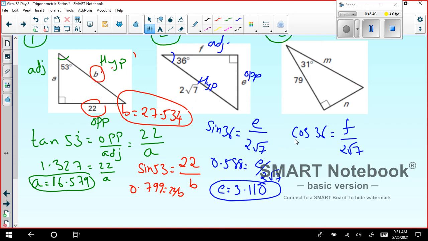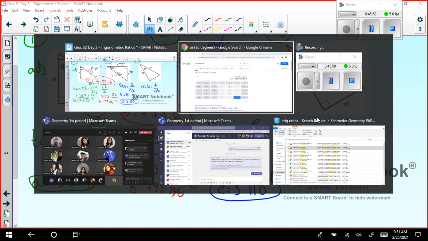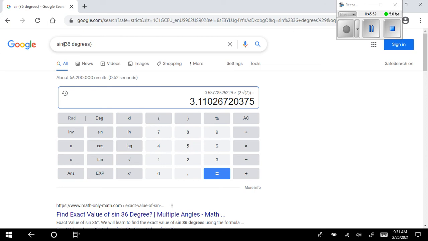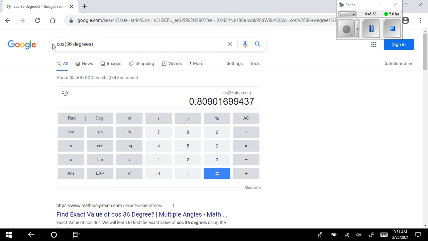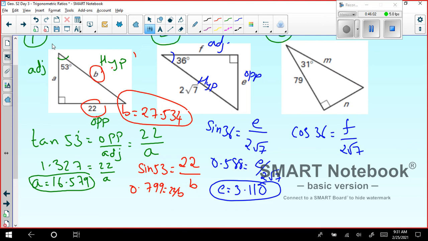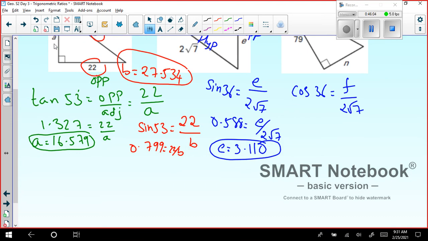Once again use the calculator to find the value of cos 36 degrees, which is nothing but 0.809. 0.809 equals F over 2 root 7.